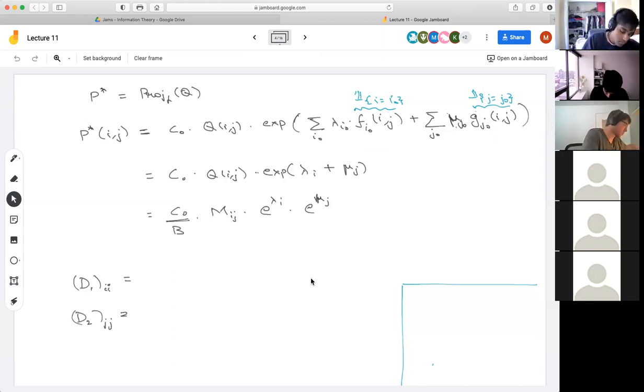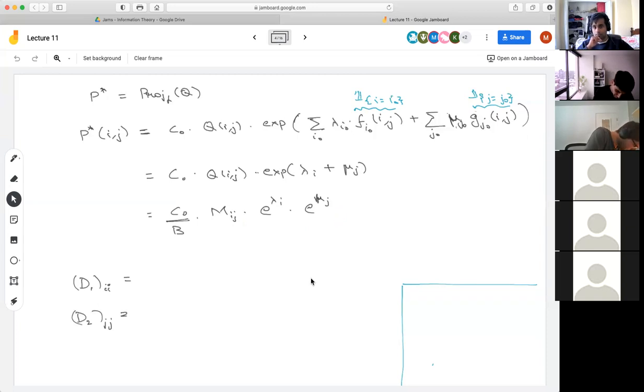And now this looks exactly like the form that we wanted: you're taking some entry of M ij, multiplying it by some number which depends only on the row index, and some number which depends only on the column index.